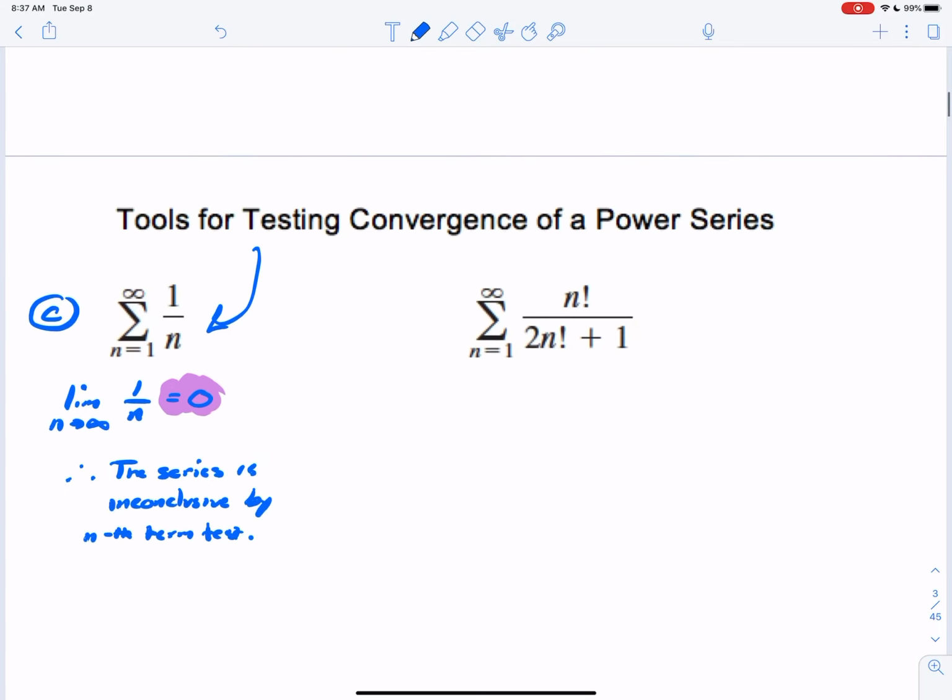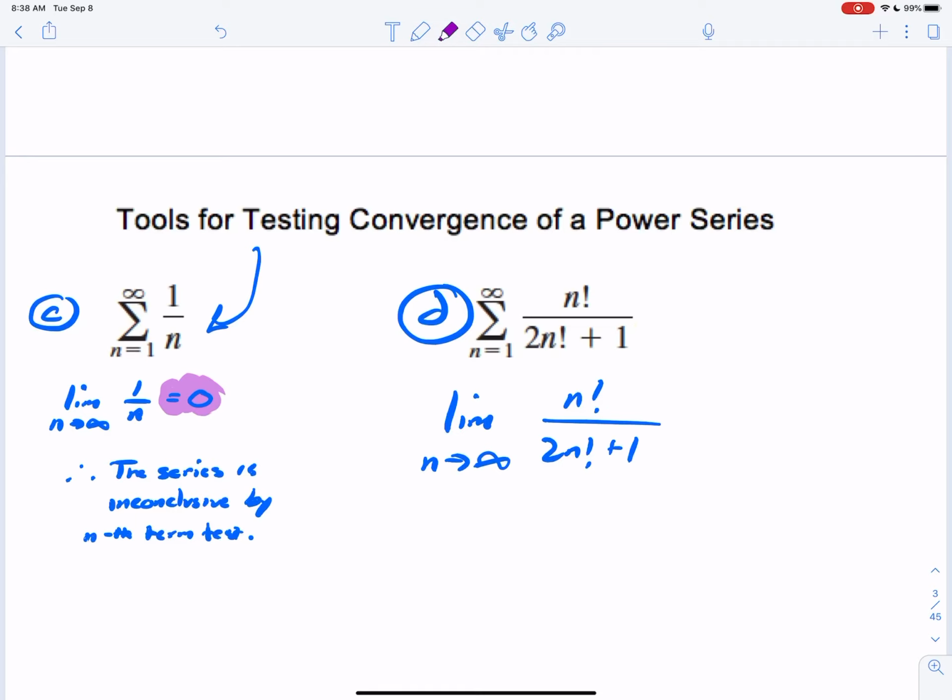All right, here's part D. Okay, try that one out. Press play when you're ready. Okay, here's the limit of n factorial all over 2n factorial plus 1 as n goes to infinity. We're going to run that divergence test. Okay, when n gets really large, where does it get larger faster?